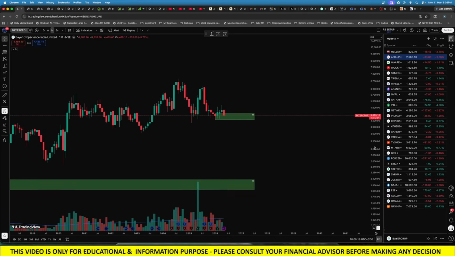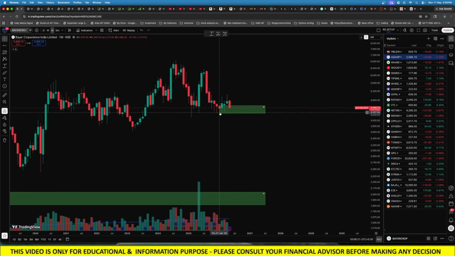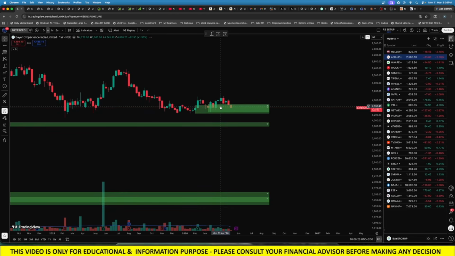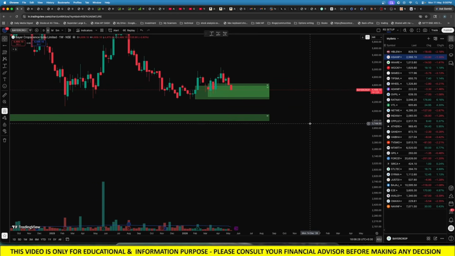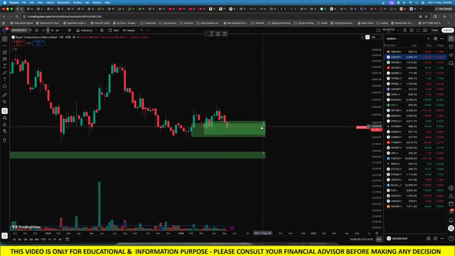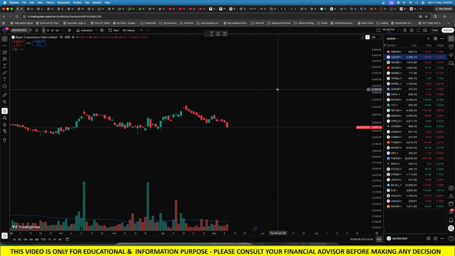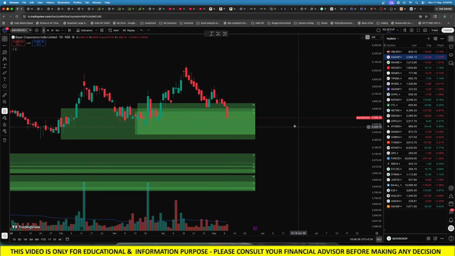If you see, it detected properly, the price is in the monthly demand zone. If I click weekly time frame, you see the price is in both weekly and monthly. And if I click daily, you see it is in all the 3 demand zones, monthly, weekly and daily.